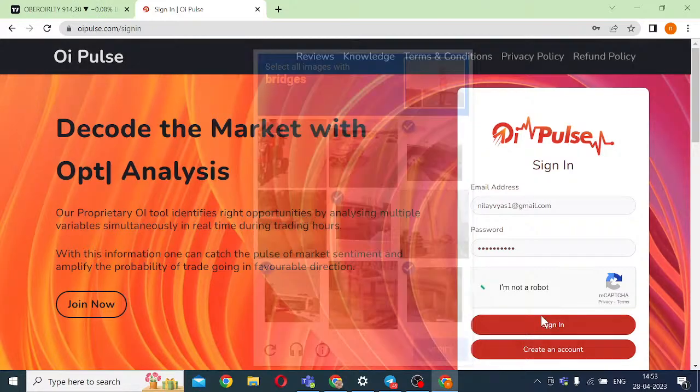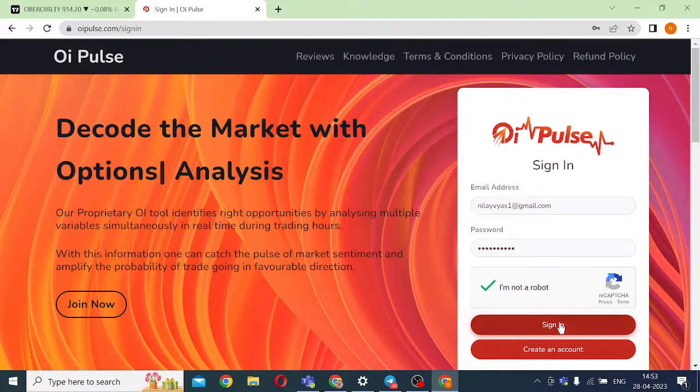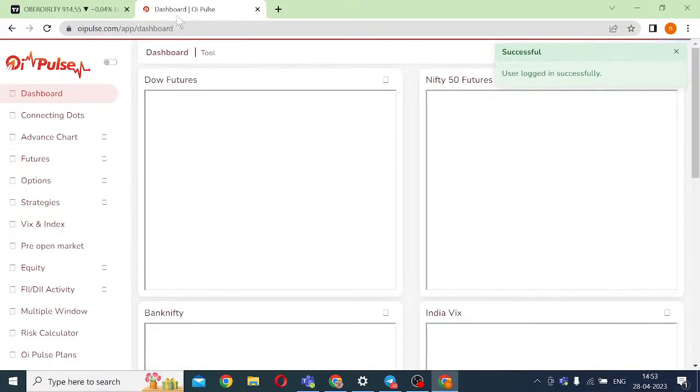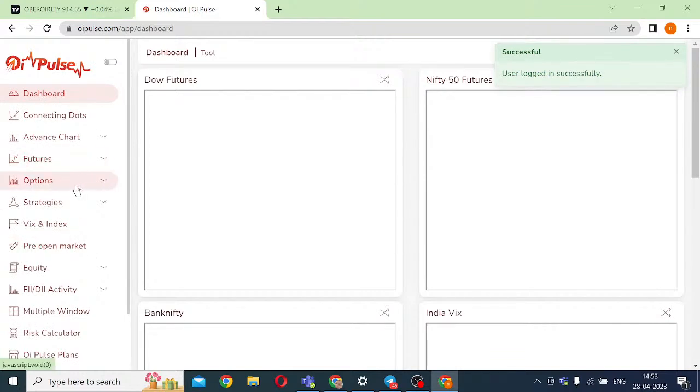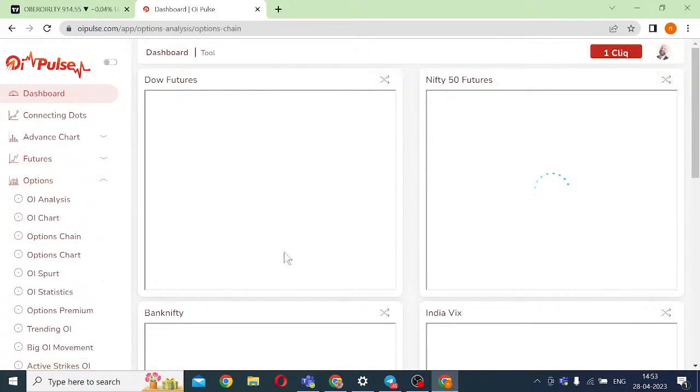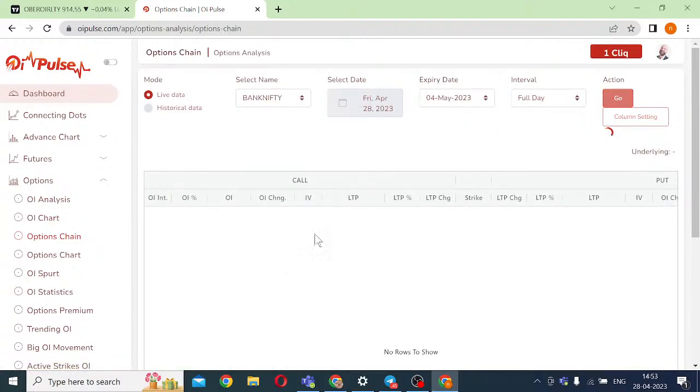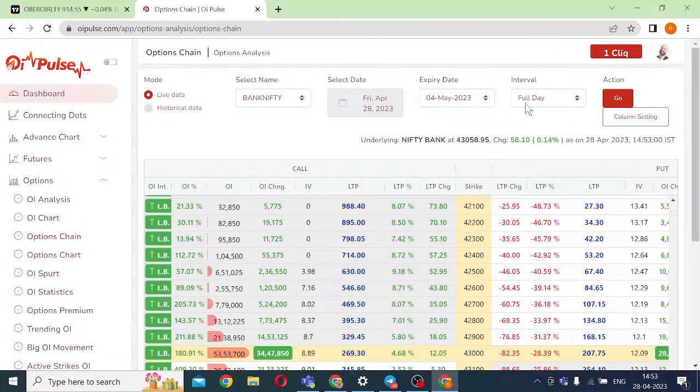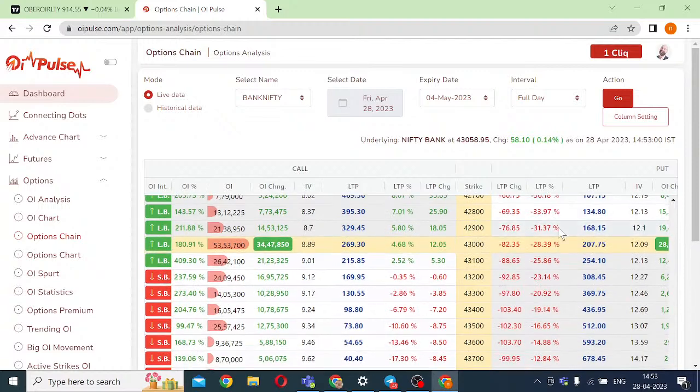I think it should go through. I'm just opening the option chain here. This one is better because you get to see everything at one go. So you look at the implied volatilities.